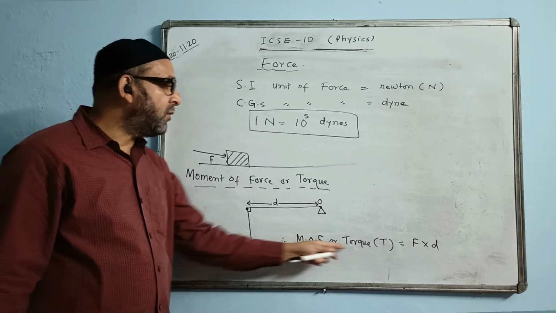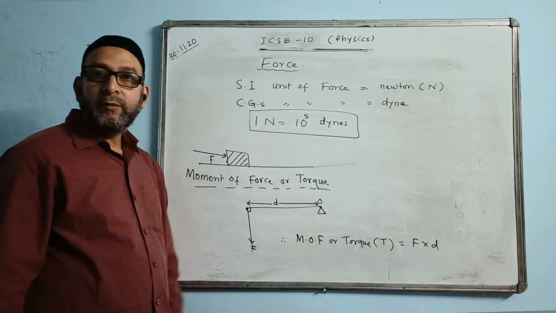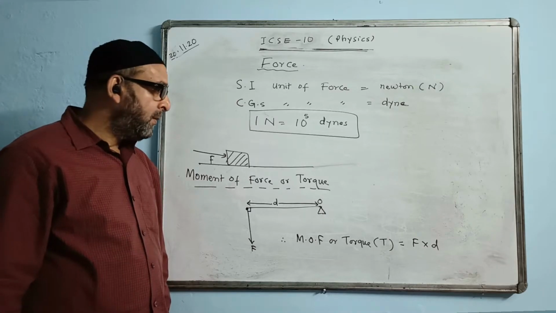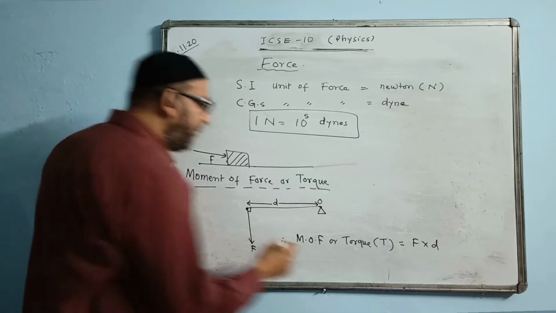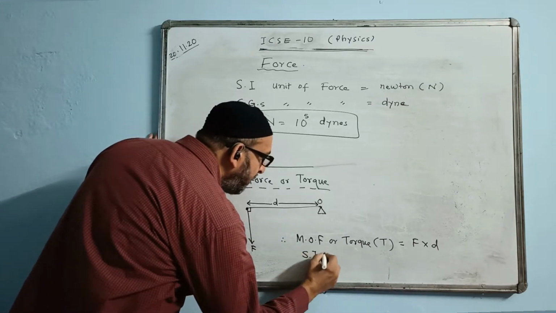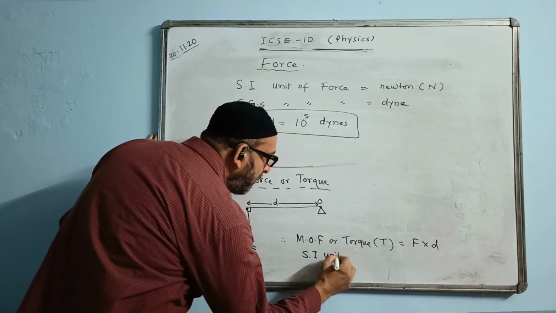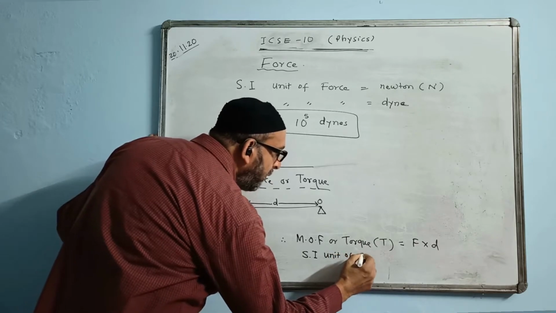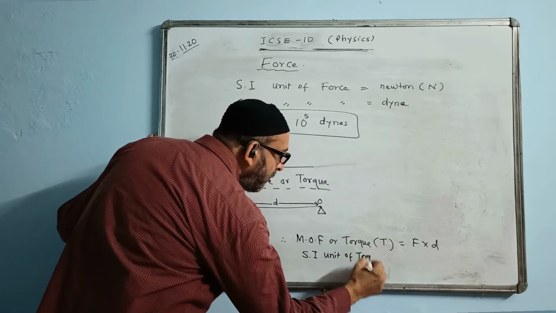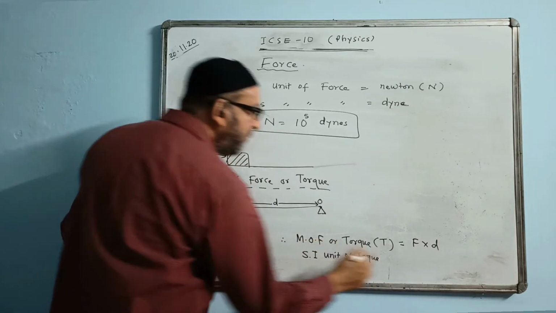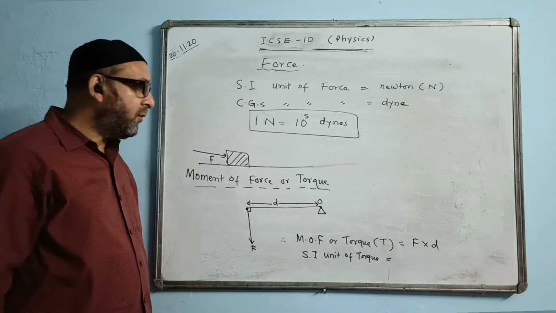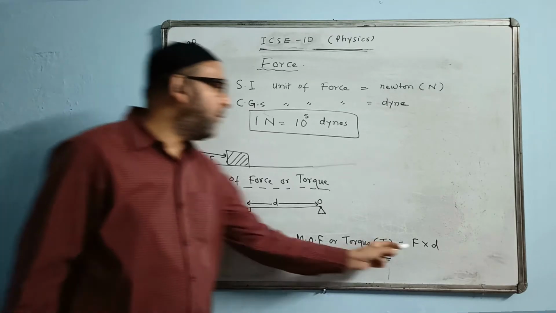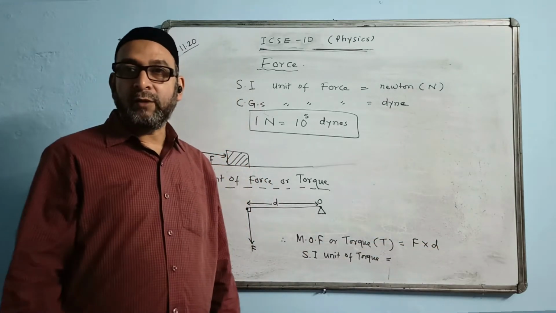So for moment of force or torque, the formula we have is F into D. What can be the SI unit of torque, which is the same as the moment of force? We can see the formula, and from there we can write out the SI unit.